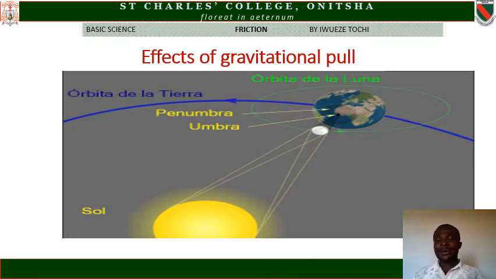The green track with the arrowhead shows you the direction. The white object there is the moon. So the moon maintains this green track without moving in any other track every time it is moving around the earth, without going out because of gravitational pull.